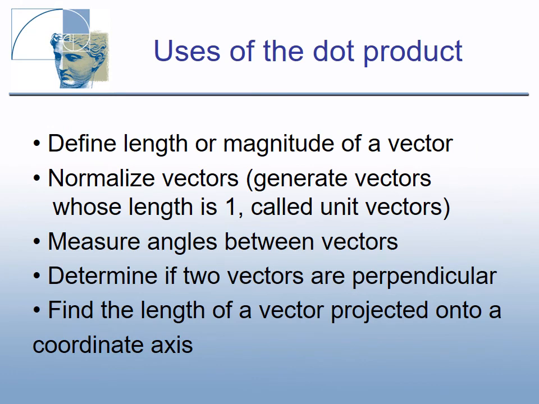The dot product is intensively used in geometry and its applications for, first, defining length or magnitude of a vector, normalizing vectors, measuring angles between vectors, determining if two vectors are perpendicular, finding the length of a vector projected onto a coordinate axis.